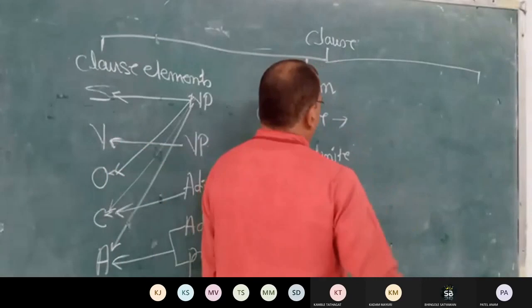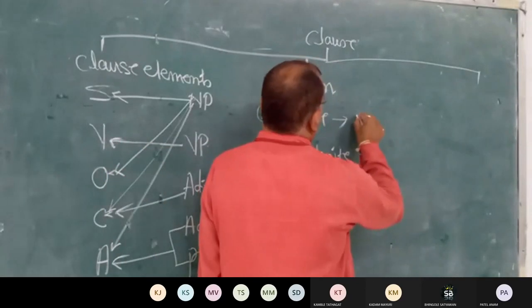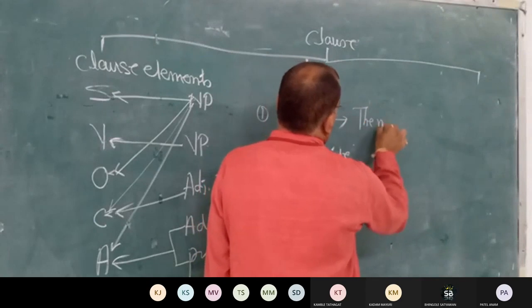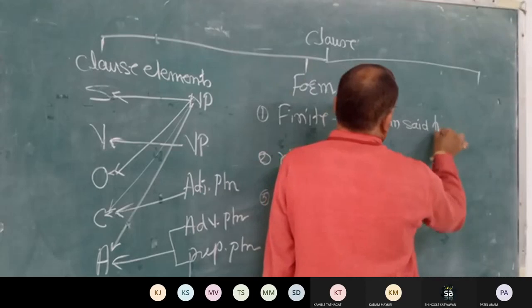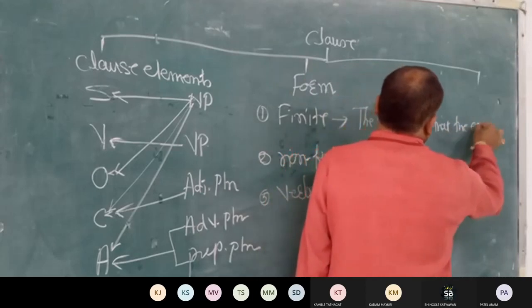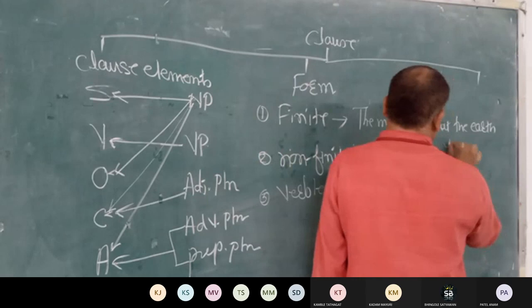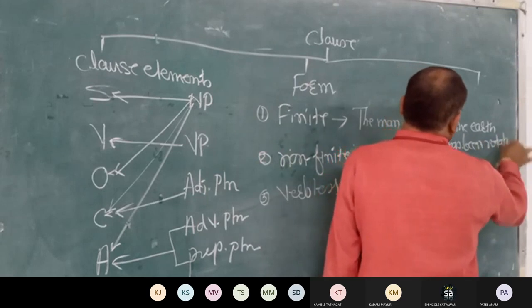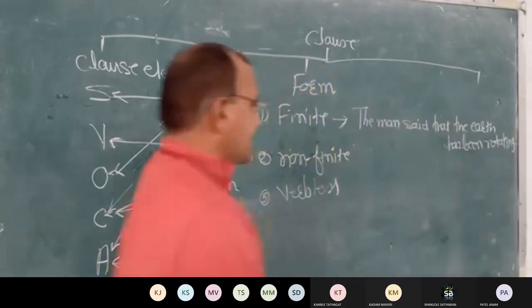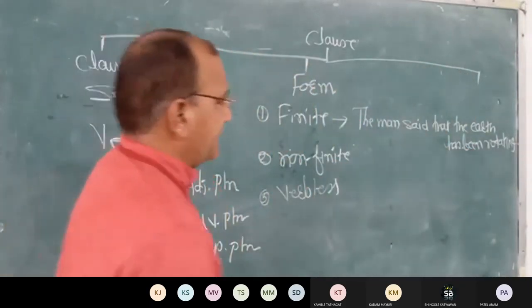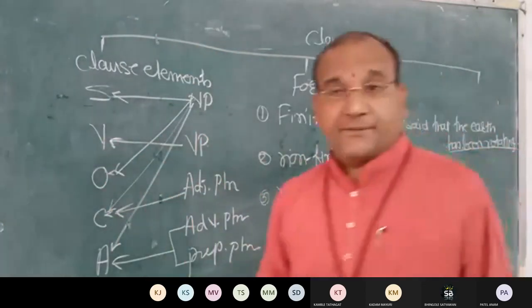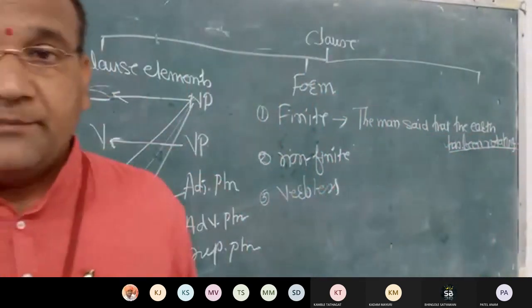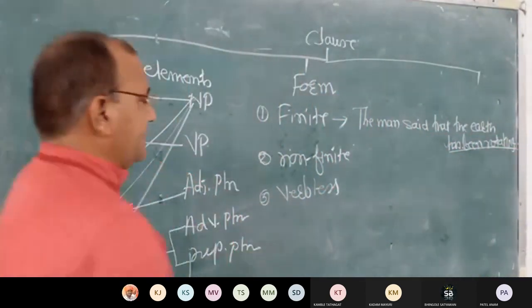A finite clause, for example, the man said that the earth has been rotating, is a complete VP. But in non-finite, look at this.